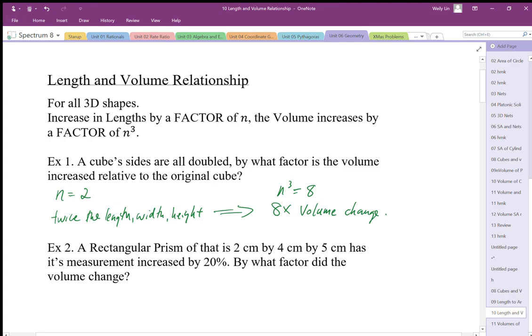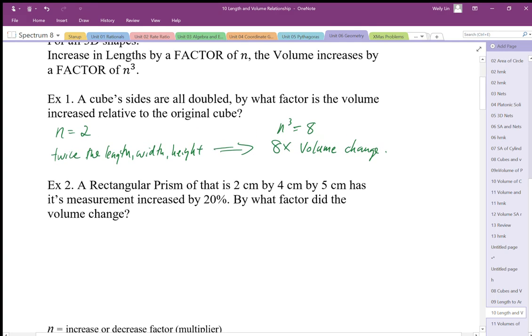Okay. So then if I have a rectangular prism, a 2 by 4 by 5 prism, and I increase it by 20%. Now it doesn't really matter that it's a prism or what the dimensions are. If I increase the length, width, and height by 20%, the volume change is going to be 120% of the length, 120% of the width, 120% of the height, or the length factor cubed.